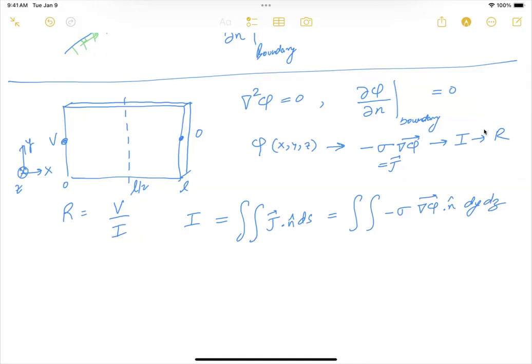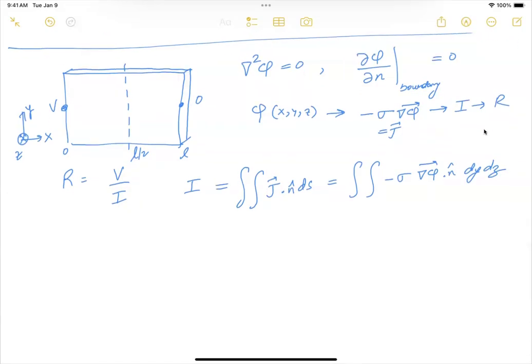And this is a good assumption: the thickness T is much smaller than the width or the length of this voltage plane, so we can assume that the variation of the potential along the z direction is negligible.